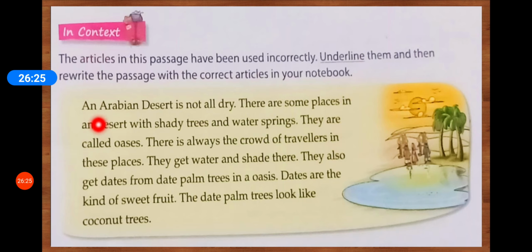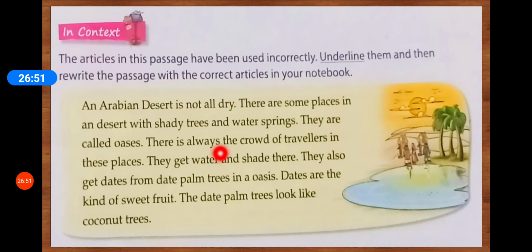So let me read the passage for you. An Arabian desert is not all dry. There are some places in a desert, in an desert, that sounds very awkward, with shady trees and water springs. They are called oases.